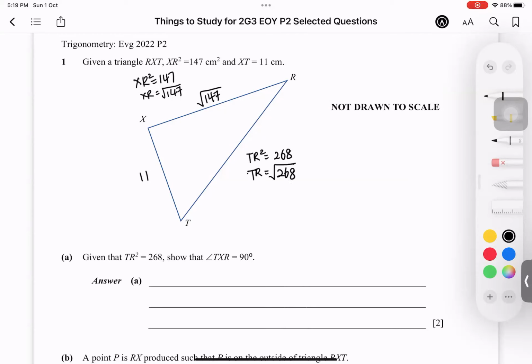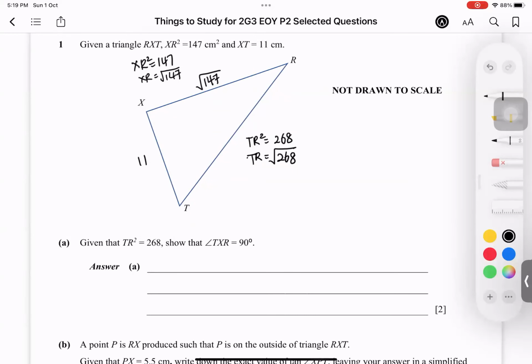But they want to show that it's 90 degrees, so we should use the converse of Pythagoras theorem. Which one will be the longest side? TR squared, so we'll start with TR squared. They already give us that TR squared is 268, so don't bother to do anything. Then compare to the other two sides, XR squared plus XT squared. XR squared is 147.